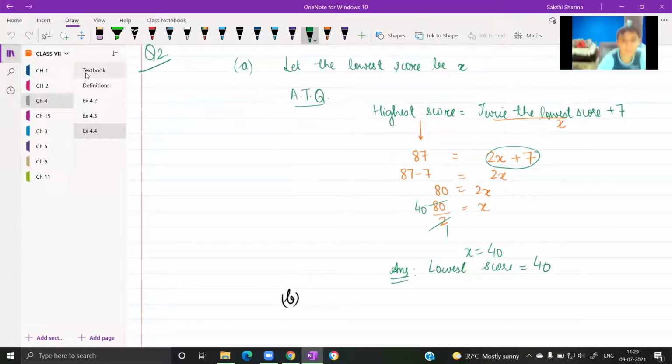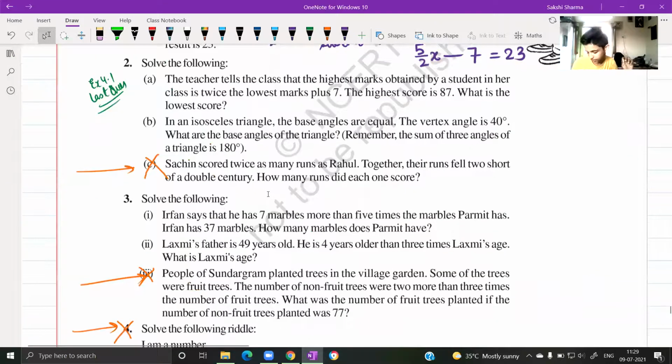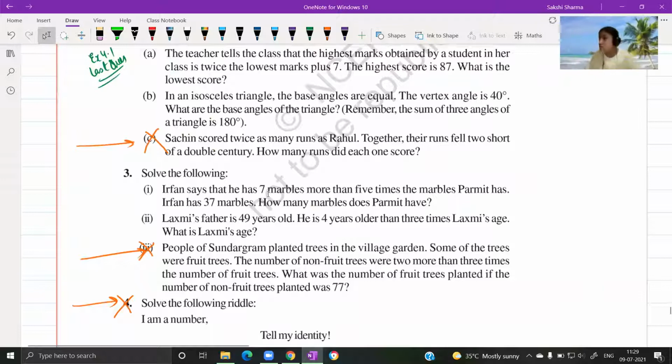And the answer of B part is 140 degrees. No, the answer is 70 degrees. Okay, let's take a look. Ma'am, it's 70 degrees, part B. In an isosceles triangle, the base angles are equal. The vertex angle is 40 degrees. What are the base angles of the triangle?